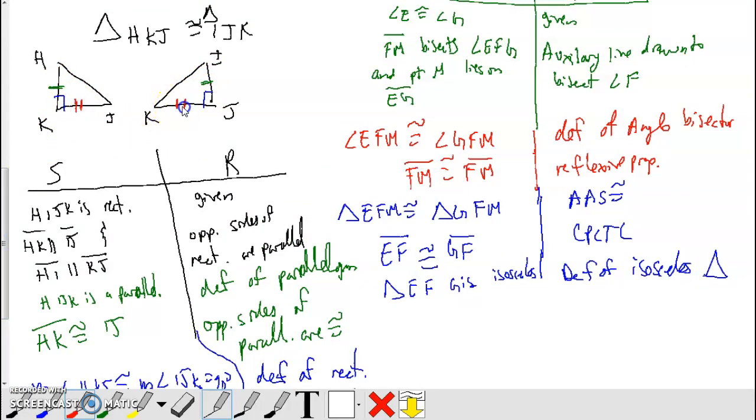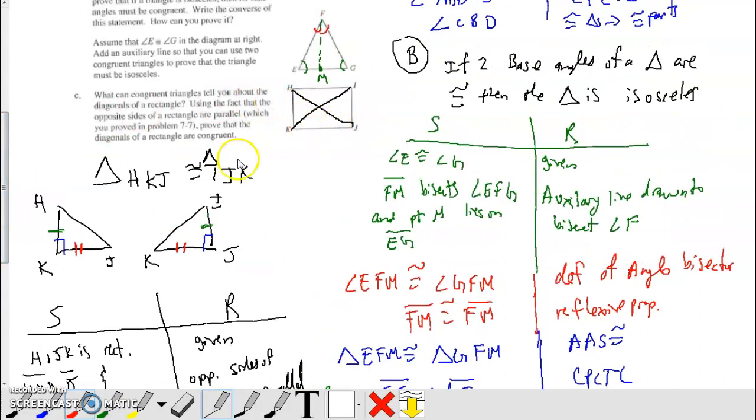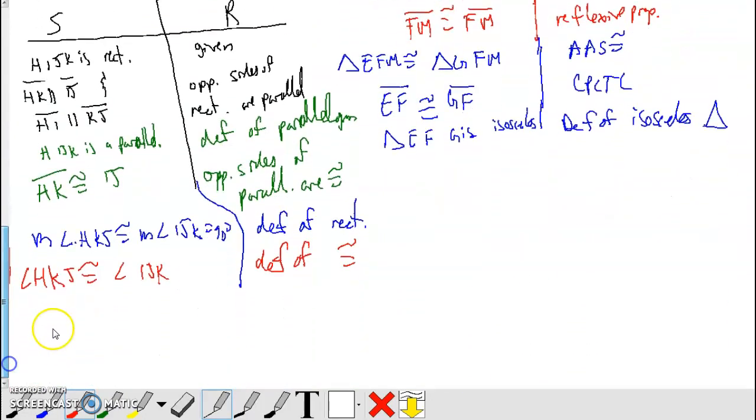This side is congruent to that side because it's the same side in both of our triangles. So I'm going to say KJ is congruent to JK. And why do I get to say this? It's the reflexive property.